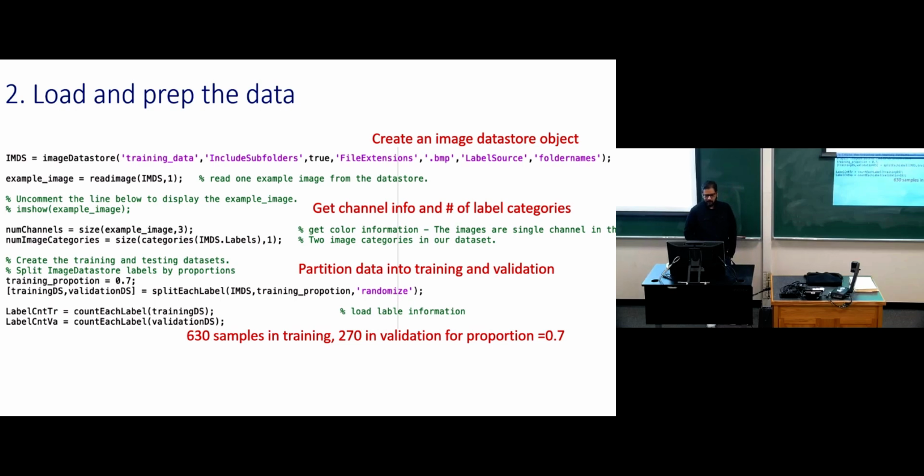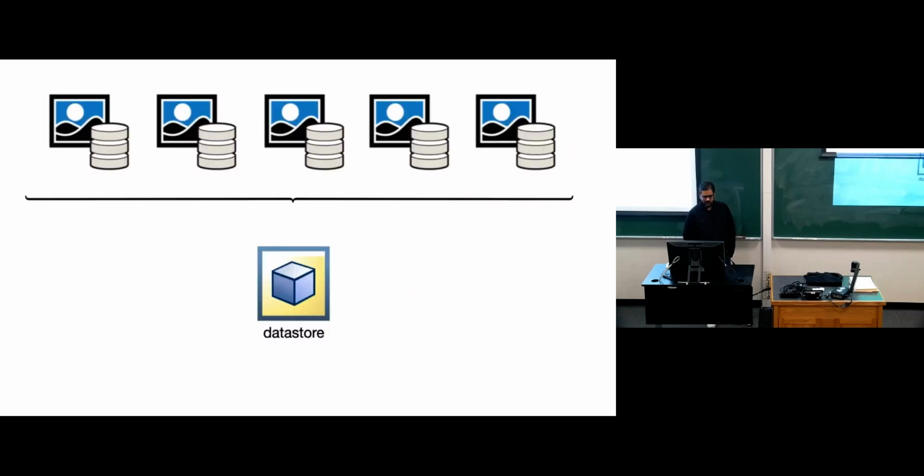The thing which you may not be familiar with is what this data store is. So let me just show you some pictures to make that clear, and then I can take some questions. Let's say you have all these images stored on your local hard drive. We've seen this before. Maybe that problem doesn't occur for our data set, but in general, if the memory size of your data is greater than the RAM of your machine, you cannot import or store all the data and do the forward and backward pass.